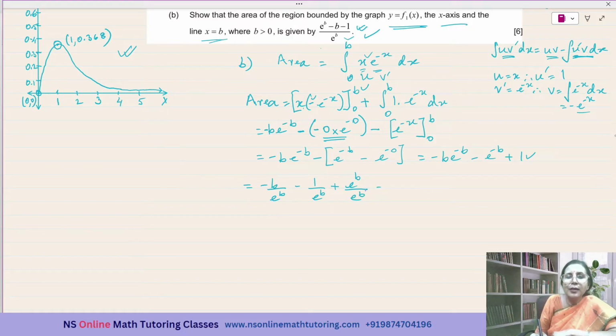So this gives us the expression as, I'm writing e to the power of b first because this is written first, and then I'll be writing this one minus b, and finally this one minus 1 over e to the power of b. Okay. So this is shown.